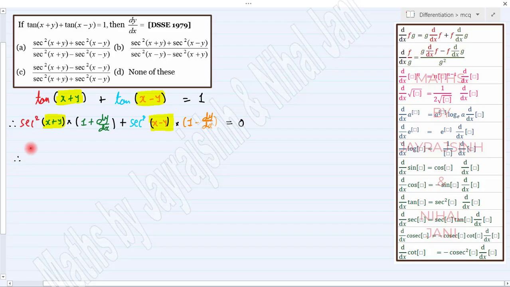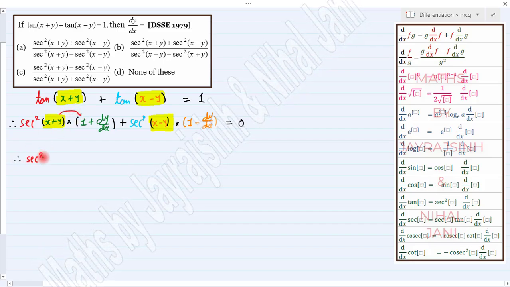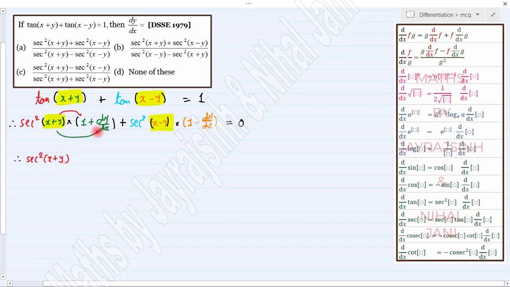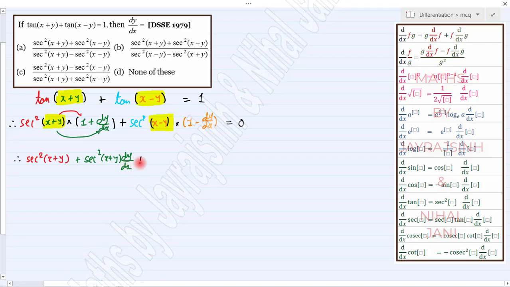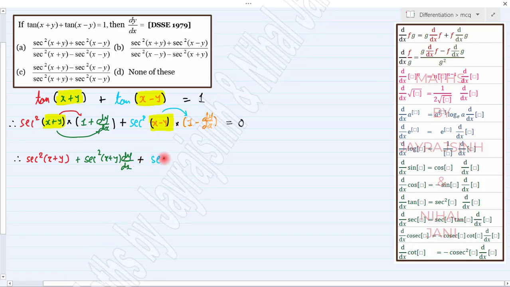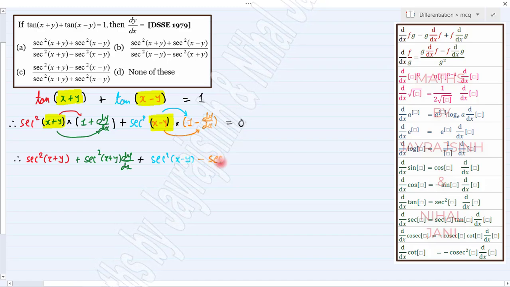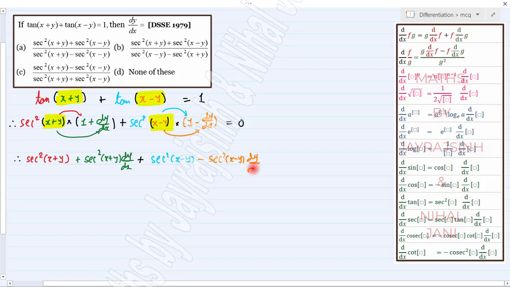So let's simplify. Sec square (x plus y) multiply with 1 will give us sec square (x plus y), and multiply with dy by dx will give us sec square (x plus y) into dy by dx. Similarly, sec square (x minus y) minus sec square (x minus y) into dy by dx is equal to 0.